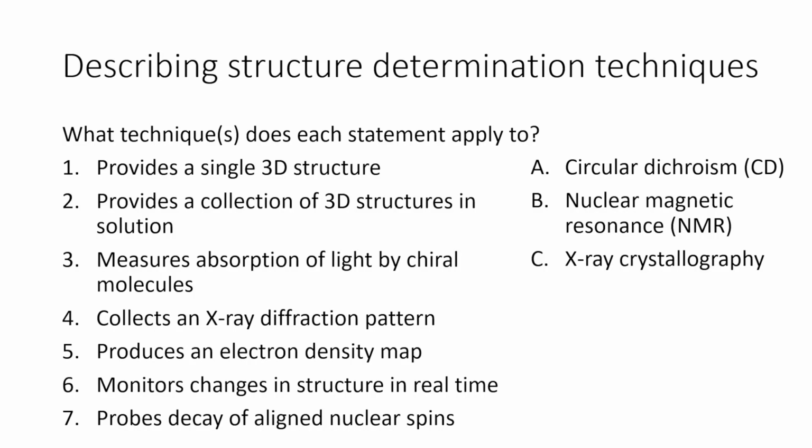We discussed three main techniques in this part of chapter 6: circular dichroism, or CD, nuclear magnetic resonance, or NMR, and X-ray crystallography. Everybody take a few minutes and think about all of these statements and which techniques apply to which statement. Or you can take one technique at a time and think about which statements apply to it, whatever is easier for you. I'll give everybody maybe 5 minutes.